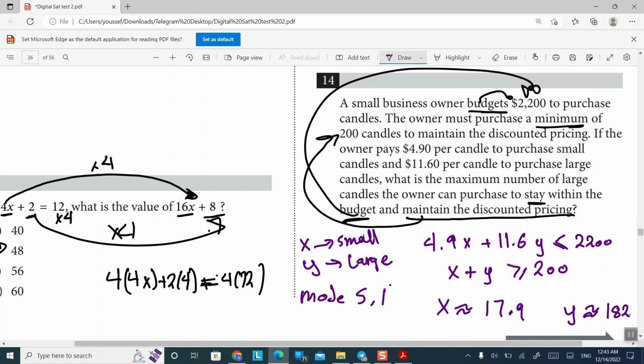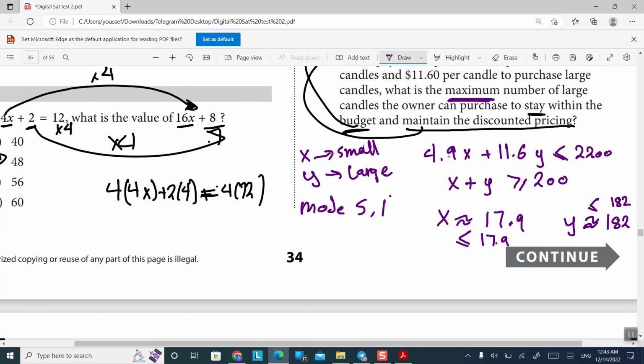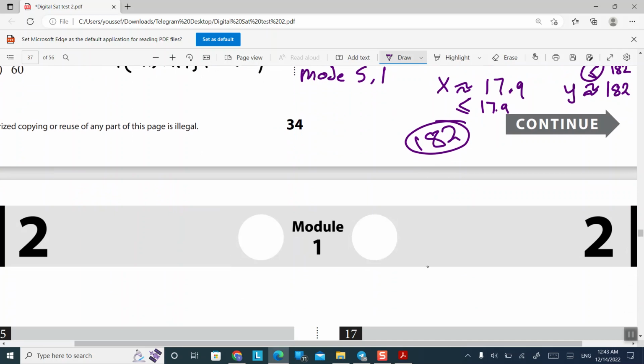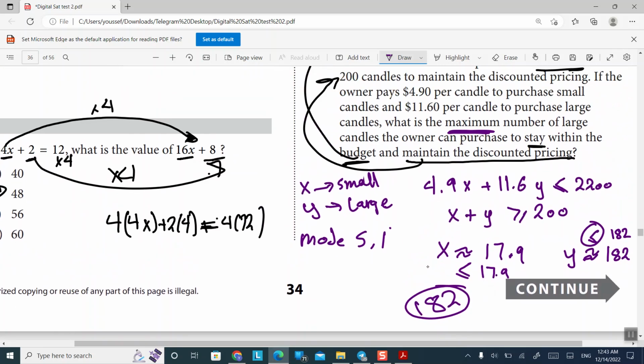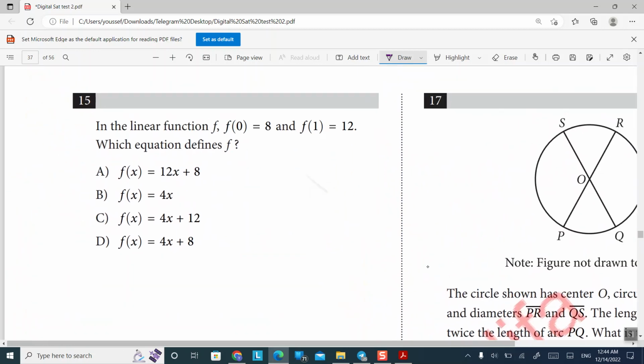So here, in other words, x is less than or equal to 17.9, and y is less than or equal to 182. So the correct answer, since he needs the maximum number, so it's less than or equal, is 182. That's the maximum number of large candles he can buy. Okay, so let's move on.